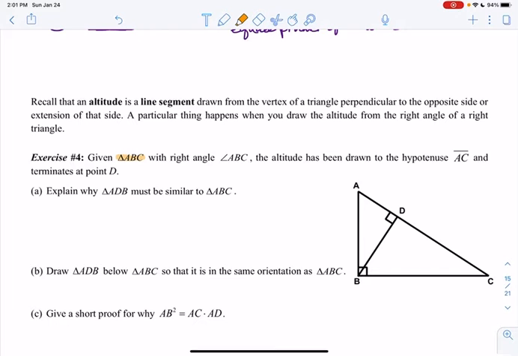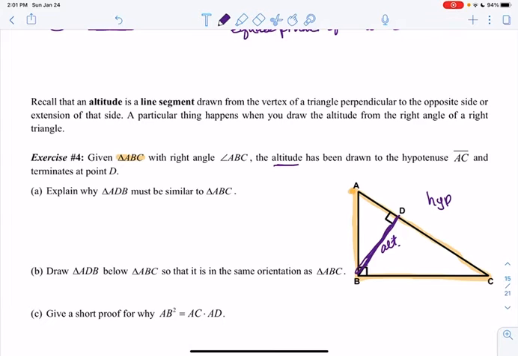Triangle ABC is the outermost triangle. It happens to be a right triangle. The right angle is at B, and an altitude has been drawn to the hypotenuse. So the hypotenuse is across from the right angle, and this line right here happens to be an altitude.